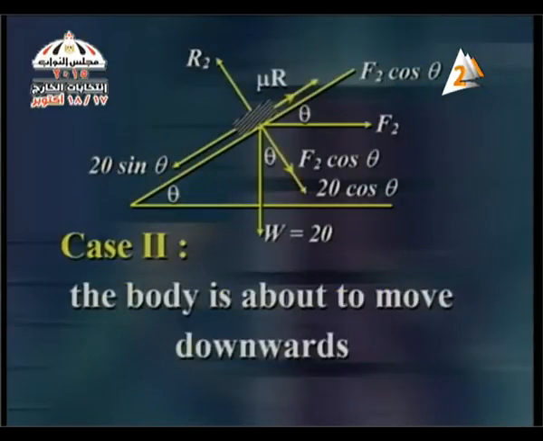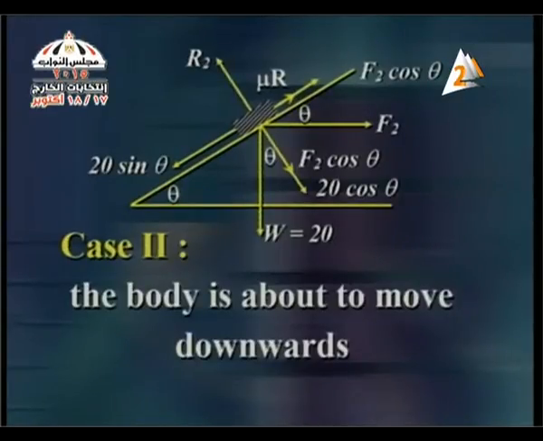Case number 2. As you see in the figure, we draw W downwards equals 20, resolve it into 20 cosine theta and 20 sine theta, and F2 parallel to the horizontal, and resolve it into two perpendicular components, F2 cosine theta and F2 sine theta.